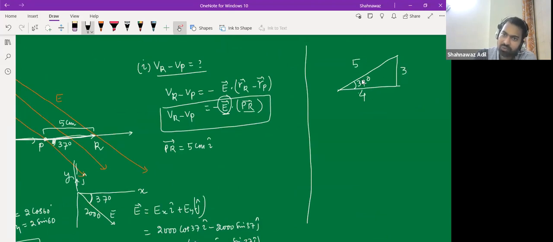So 3, 4, 5. Just remember this triplet. This would be the triplet if your angle is 37 degree. So cos 37 would be how much?